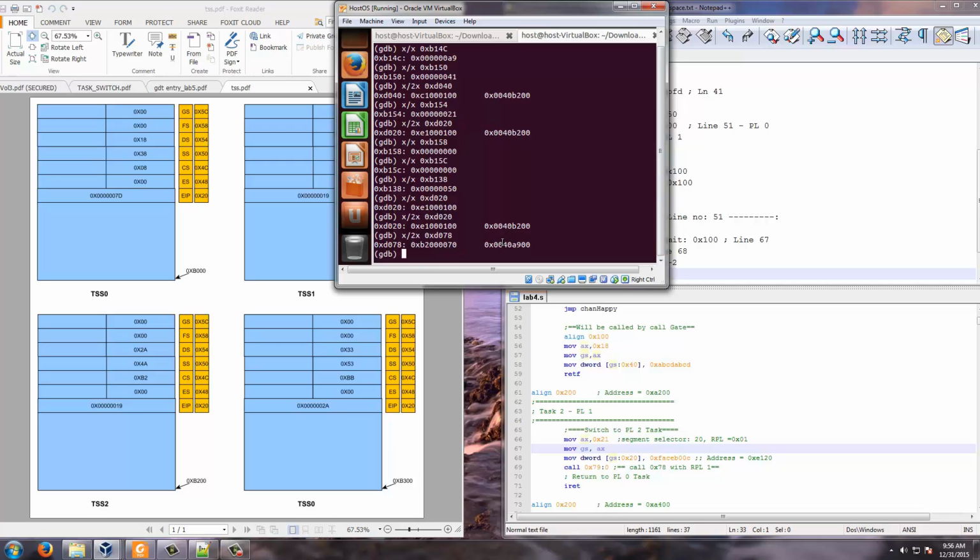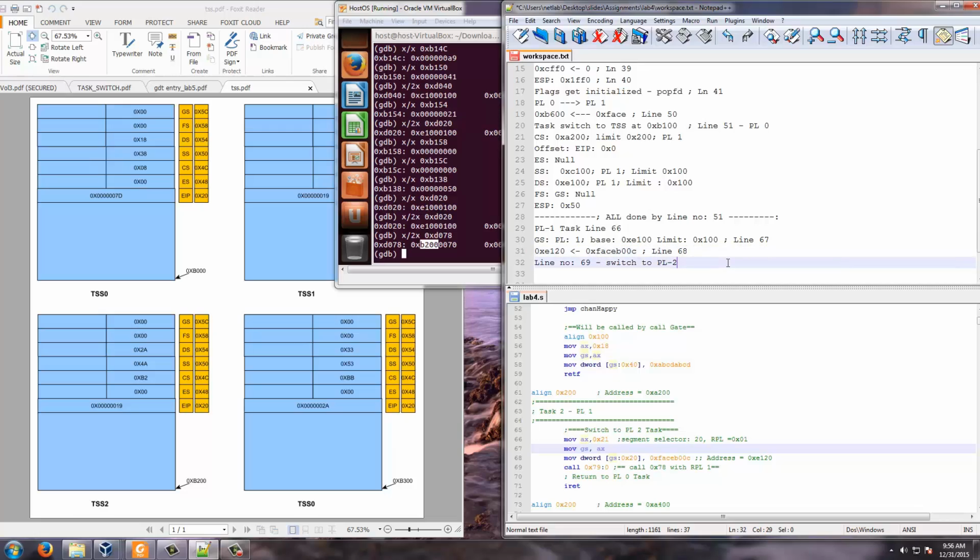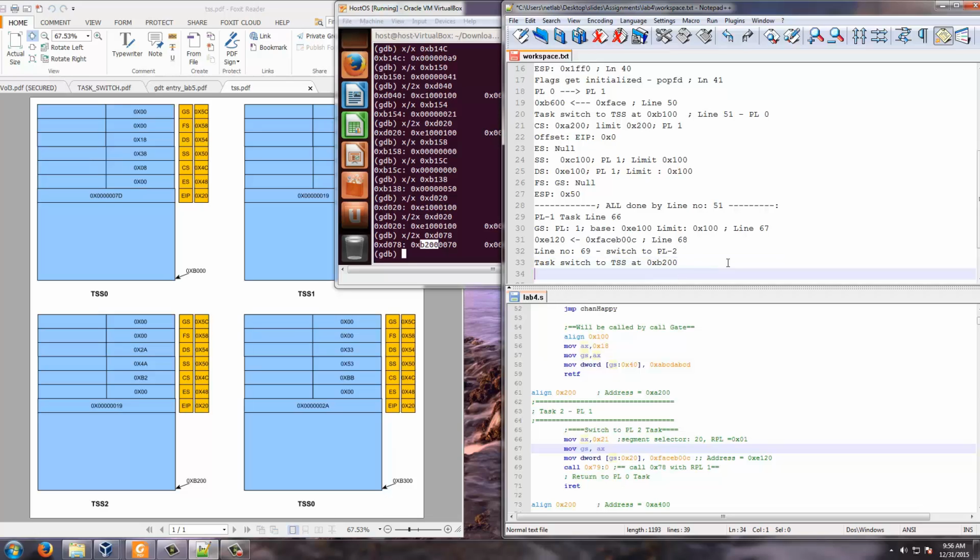Please note that this is another TSS segment 40A9, again privilege 1, starting at B200 and 0070. So this is the switch to PL2. Again, this is a task switch into the TSS at 0xB200.